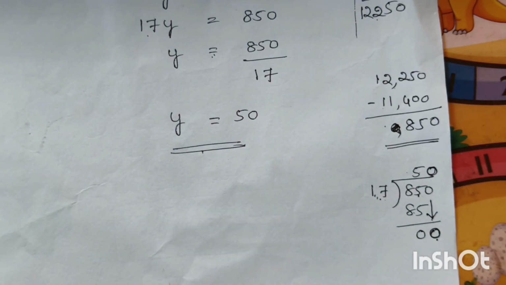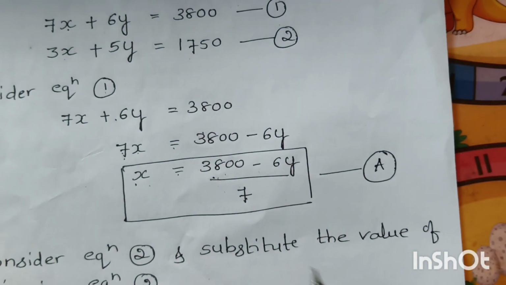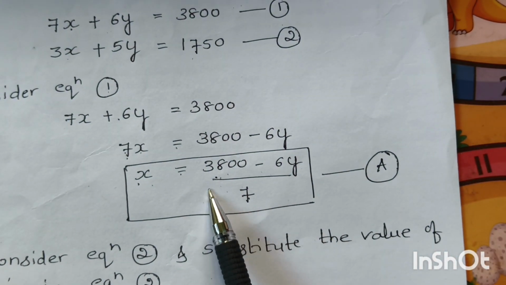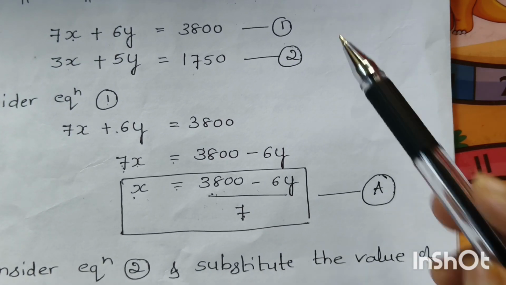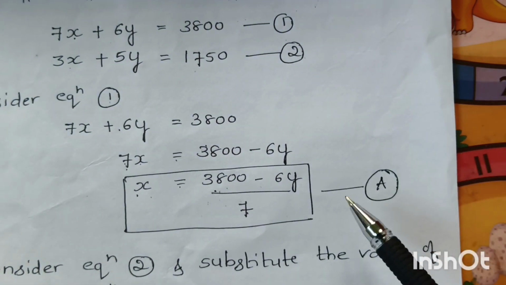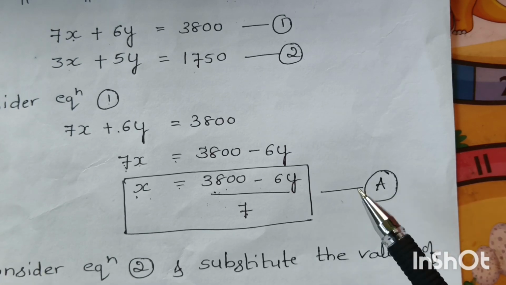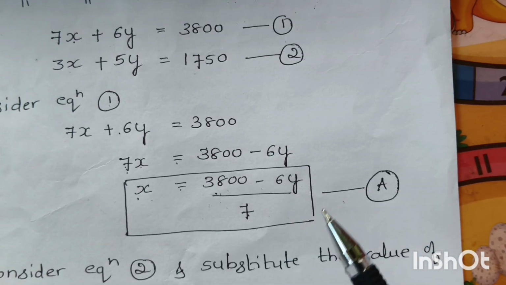Now to get the value of x, let us substitute the value of y in equation A. You can substitute the value of y either in equation 1, 2 or in A. But here I will select the equation A. Okay.